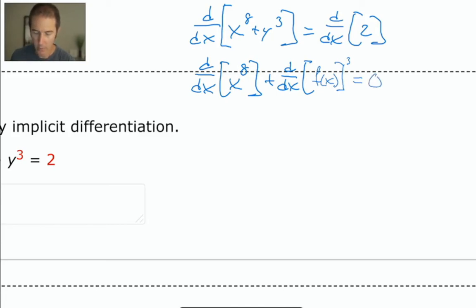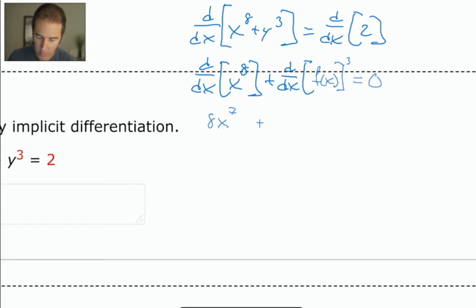Great. Now let's go back from left to right again. The derivative of x to the 8. That is a derivative that we're sort of used to, that we've done before. So the 8 multiplies out front, the variable stays there, and the exponent gets decreased by 1. Plus, now we have to take the derivative of f of x to the third. So it's some unknown expression being raised to the third power.